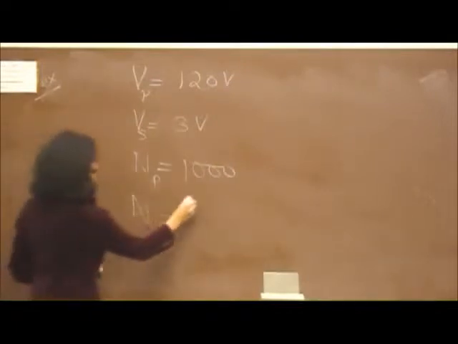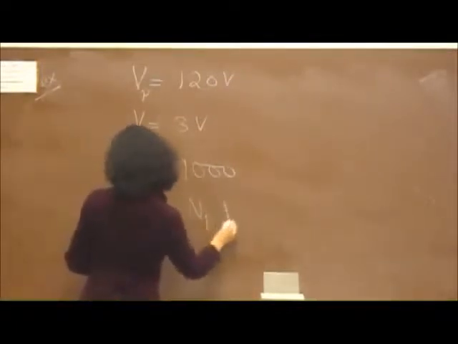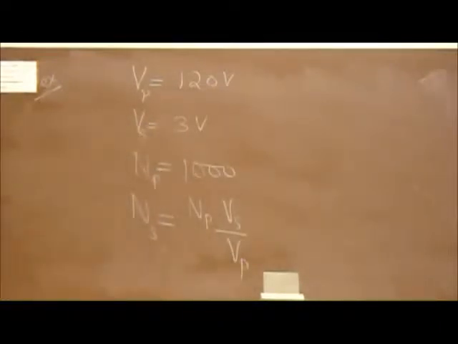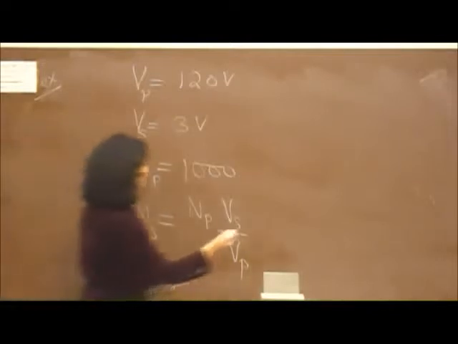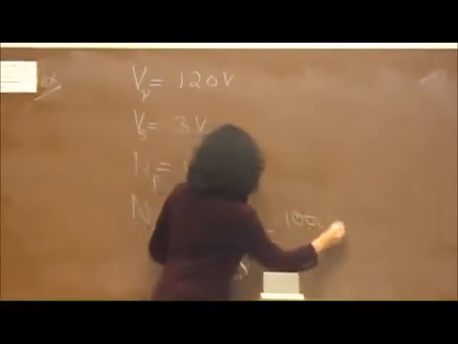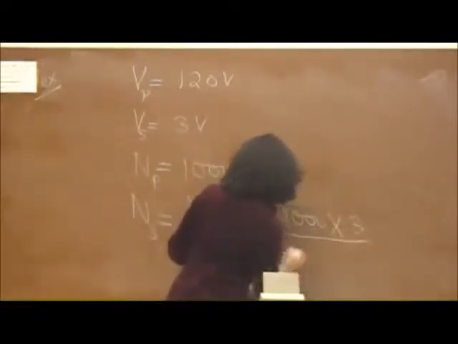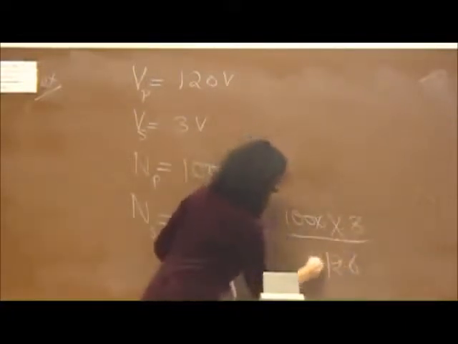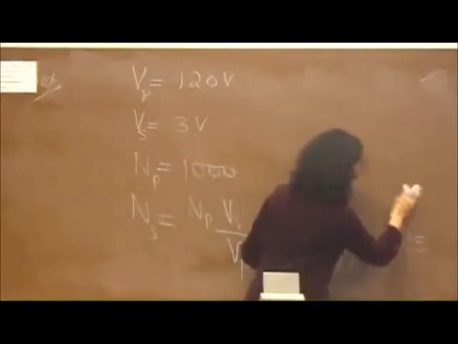Do you see from here that N_s will be N_p V_s divided by V_p, just using the transformer equation. And so we can figure this out. This will be 1000 times 3 volts divided by 120 volts, and that means 25 turns. We just need 25 turns in the secondary.